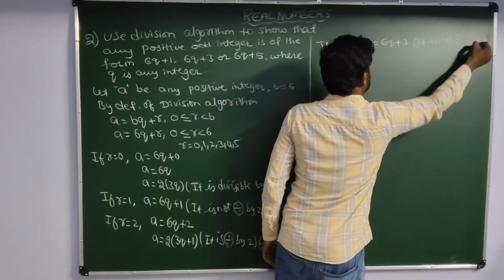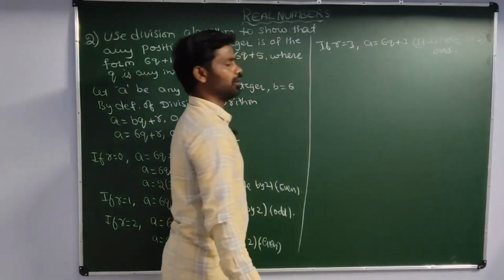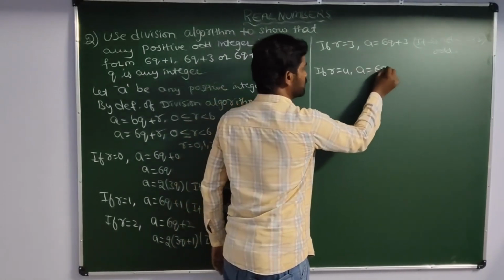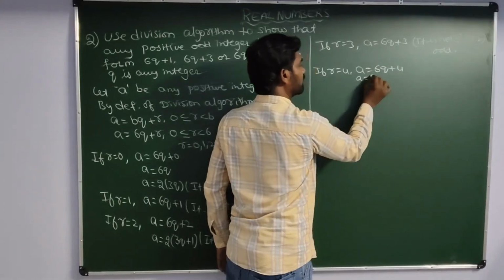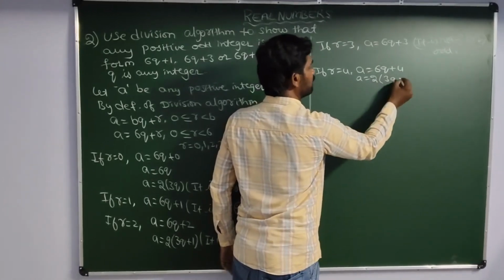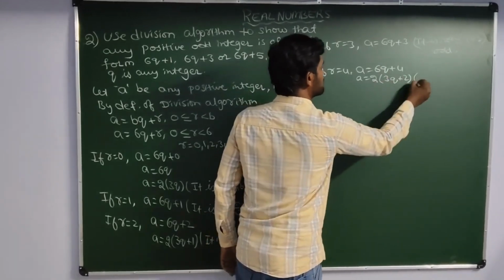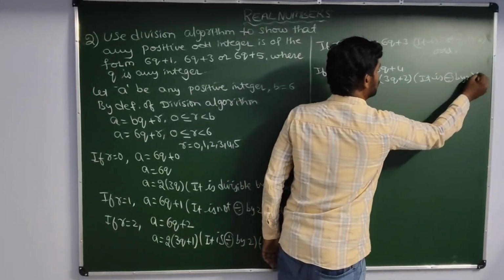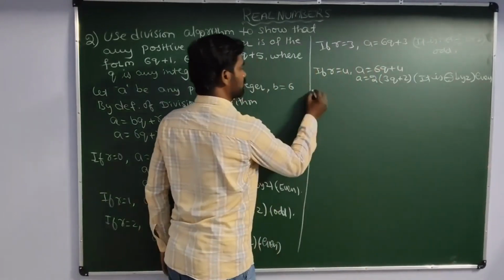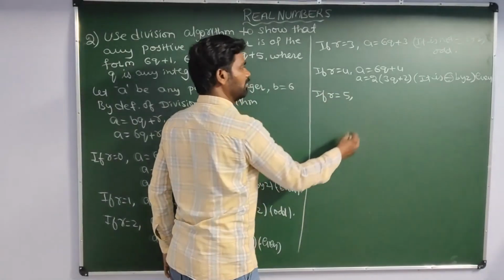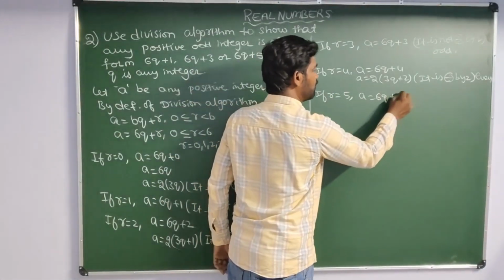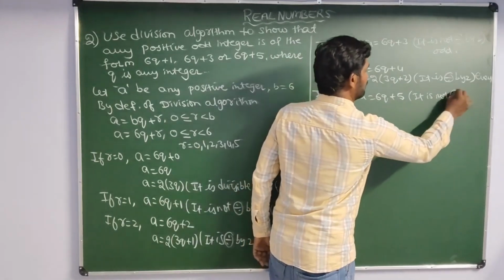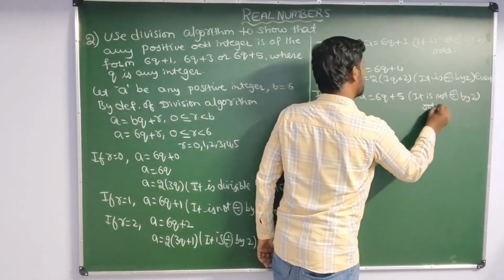If it is not divisible by 2, then it is of the odd form. Next, if r is equal to 4, then a is equal to 6q plus 4. Yes, we can take 2 common here, 2 threes are plus 2 twos are, which is divisible by 2. So if it is divisible by 2, it is even. Next, the last one, r is equal to 5. a is equal to 6q plus 5, which is not divisible by 2. Therefore, it is odd.